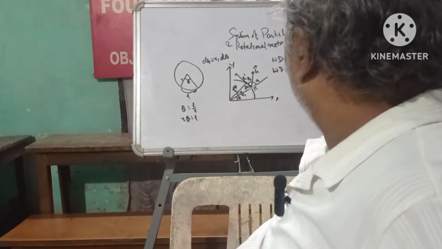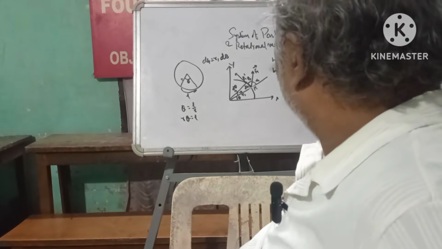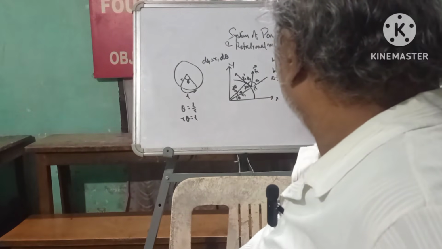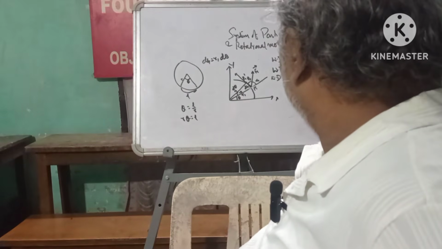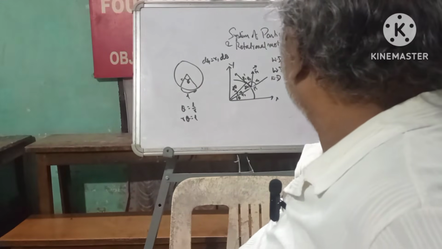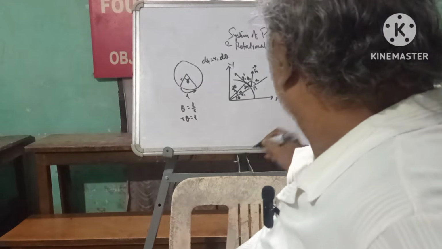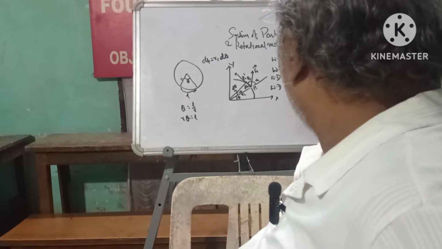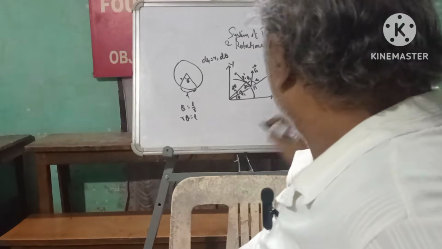So phi 1 plus alpha 1 will be 90 degrees. Now work done is equal to F1, times ds1, which is r1 d theta, times cos phi 1, which is equal to cos of 90 degrees minus alpha 1. So work done is equal to F1 r1 d theta sine alpha.